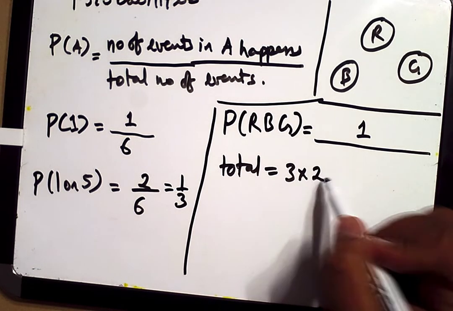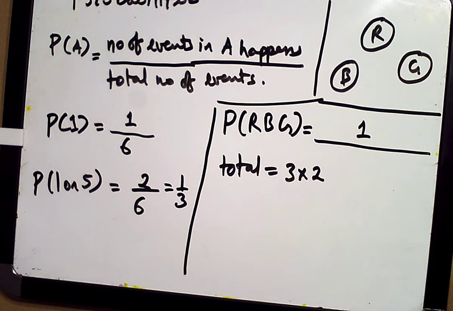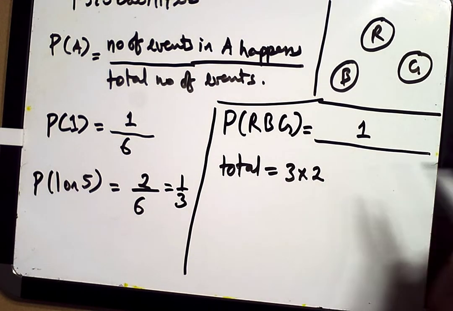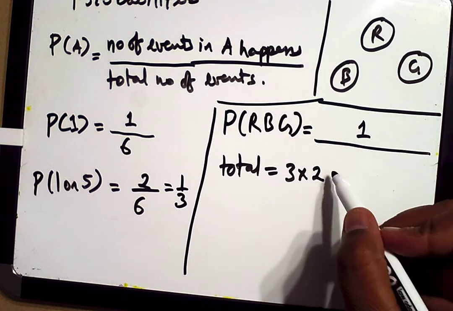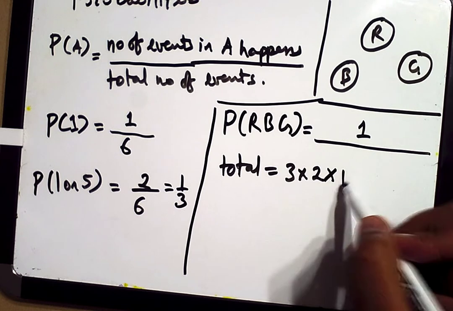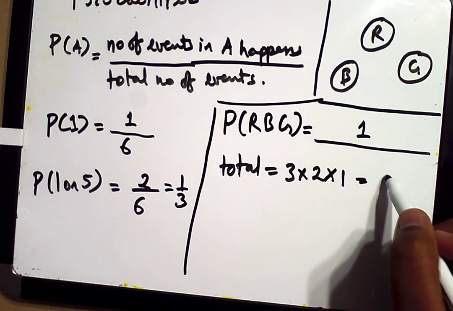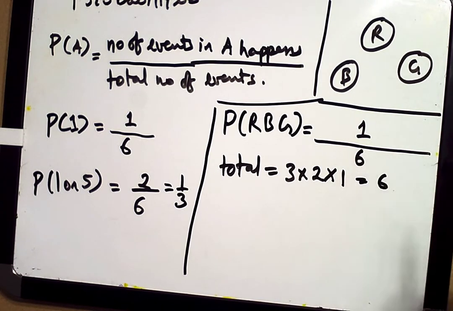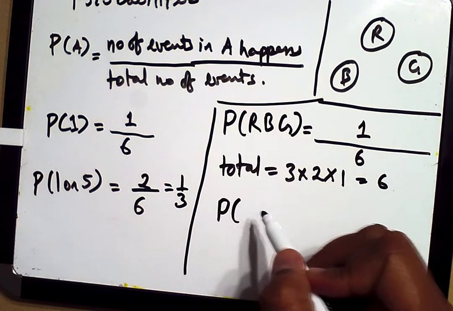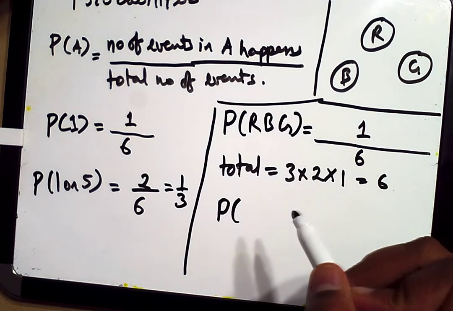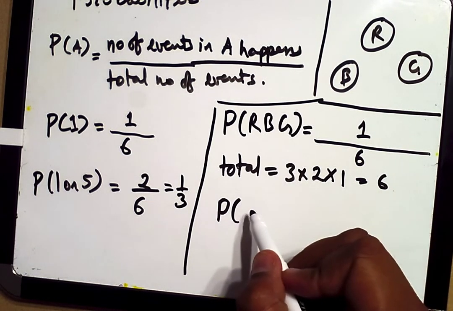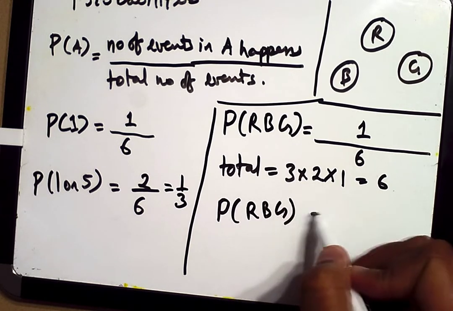Okay, so two variations there. And then after we have picked one more, there isn't much chance there, so the last one is fixed. So 3 times 2 times 1, that is 6. So we'll put a 6 here. And so the probability of picking red, blue, and green in that order is 1/6.